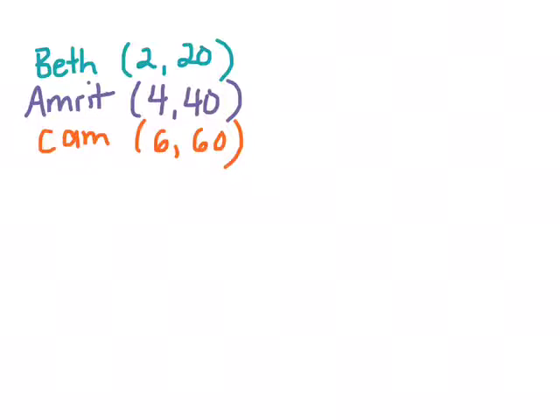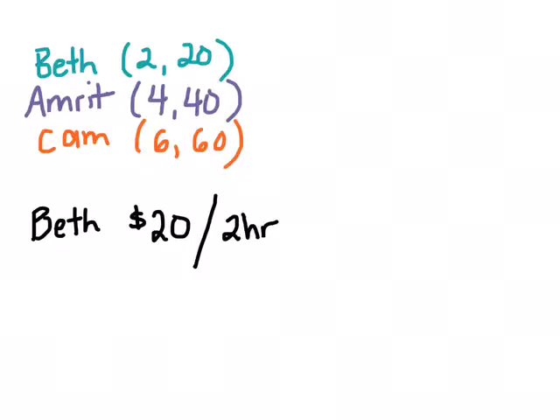So let's start with Beth. We can say that she makes $20 for every 2 hours, correct? Oh, sorry, $40. I copied that wrong. She makes $40 in 2 hours, so let's change this.